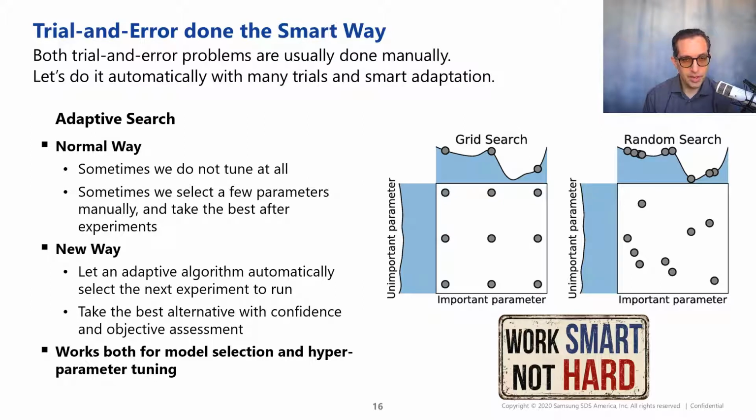So the way to do this is to use not a grid search, but an adaptive search, to work smart, not hard. In an adaptive search, you pick a point and assess the model at that point and go on for a few more, but then you can, based on those results, interpolate and target those parts of the space of parameters that offer the best value.